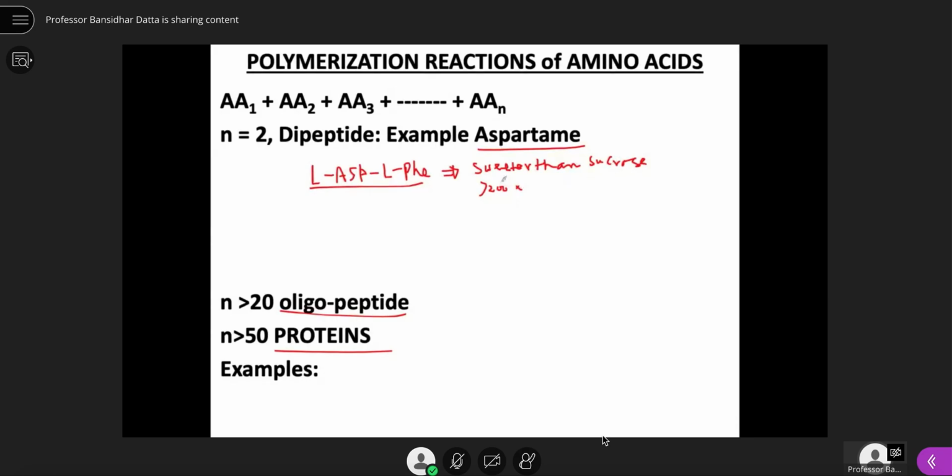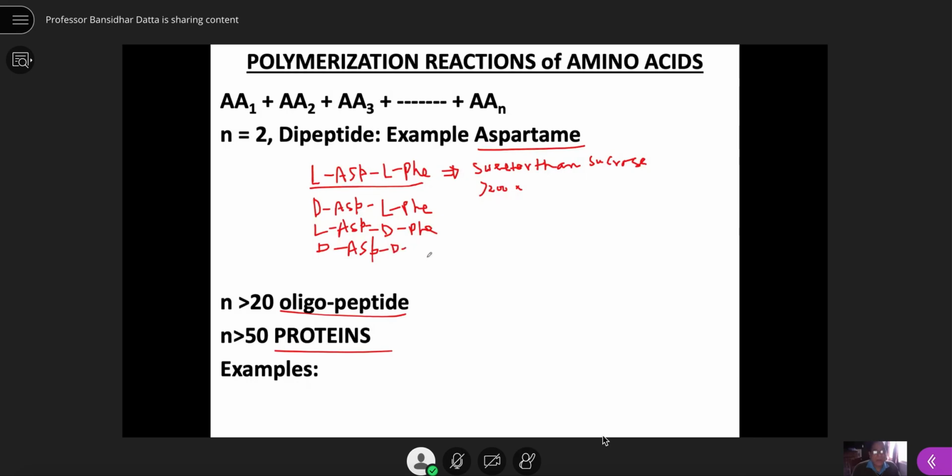All right. Now, if you take any combination, let's say if you take a D, you know the configuration. So D-Asp, right? We all know the configuration. So if you take D-Asp and L-phenylalanine, or for example, let's say you have L-Asp, L-aspartic acid and D-phenylalanine, so a different configuration, or if you say D-Asp, aspartic acid, and make a peptide bond with the D-phenylalanine.